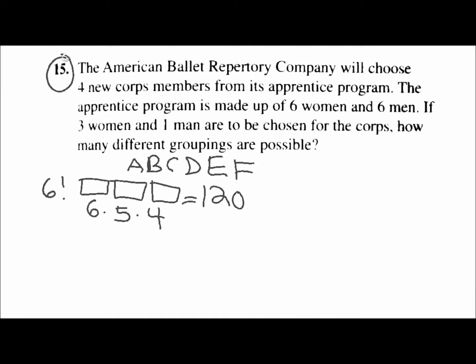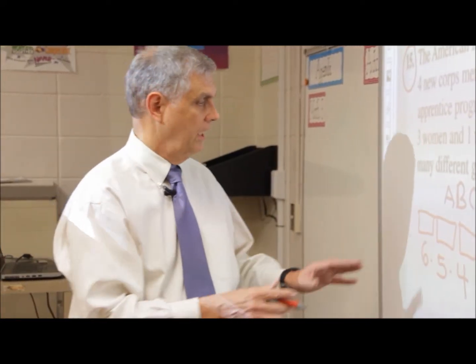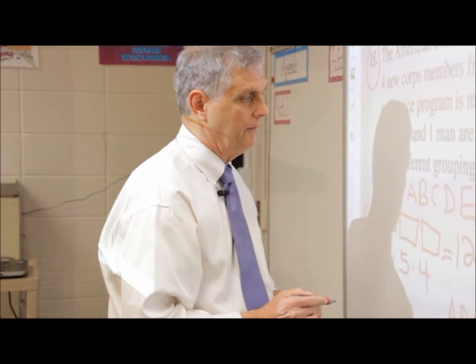And let's say that they decided after all this testing that they thought the best 3 women were A, B, C. So it doesn't matter what order they're in, they're still A, B, C. If I had C, A, B, or I had B, A, C, all we care about is who are the 3 people. So we've got a lot of duplication here in this factorial 120.